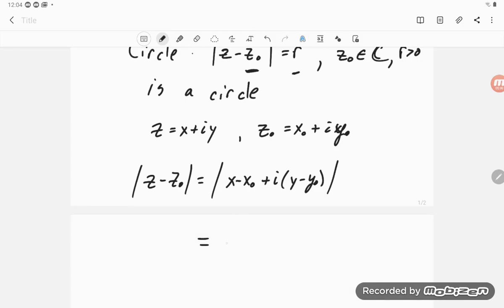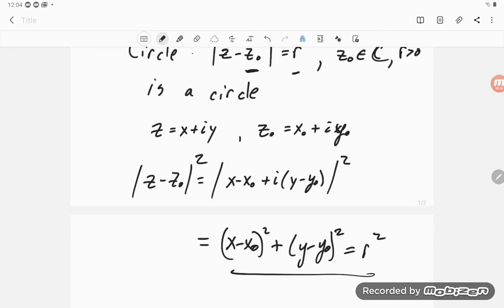But then that is just the real component, (x minus x0) squared. Well, let me do this squared so I don't have to throw the square root in there. And then plus (y minus y0) squared. And then that would equal, since I squared them, r squared. And yep, that's a circle.